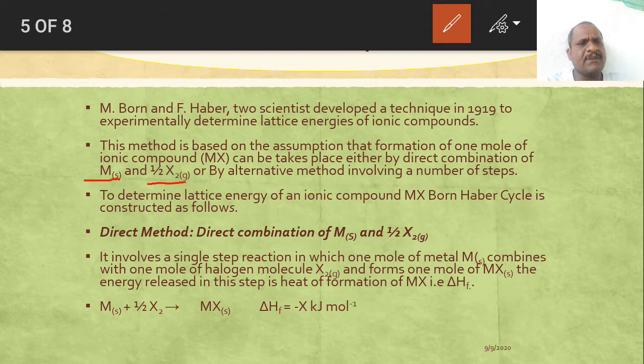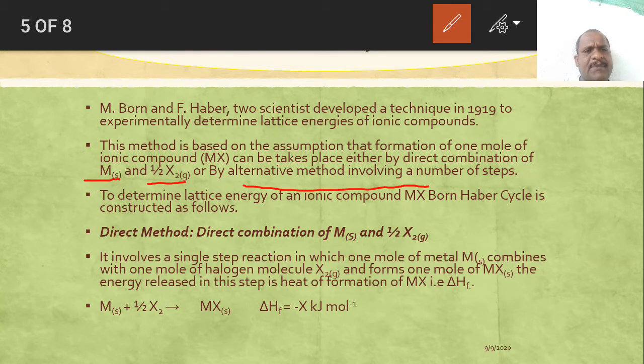The second way is by considering an alternative method with a different number of steps to calculate the lattice energy. Here we will discuss both methods for calculating the lattice energy.